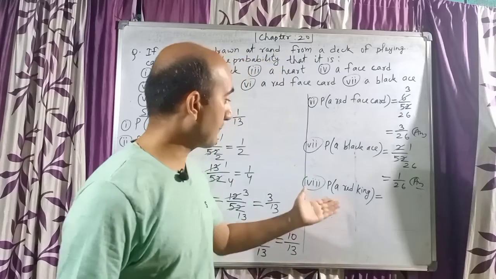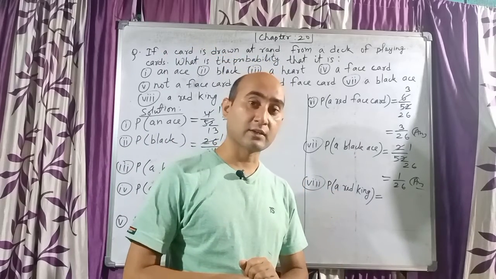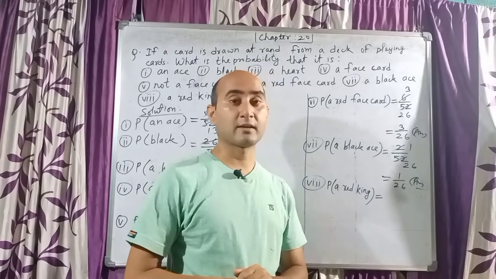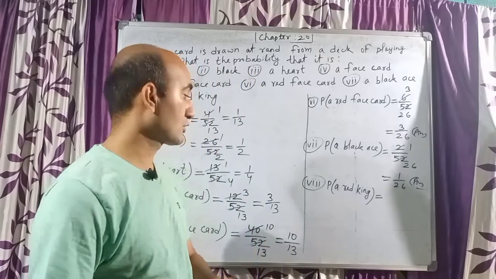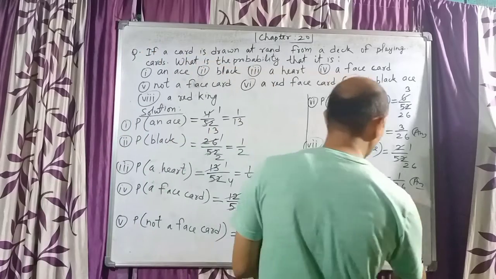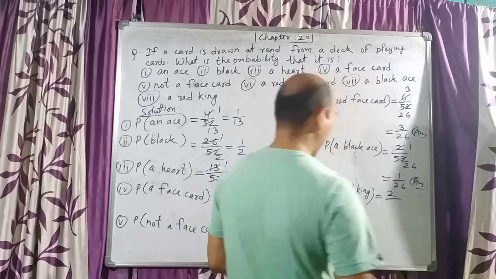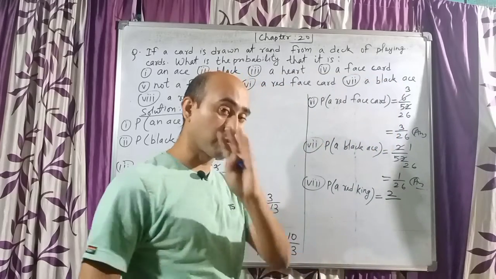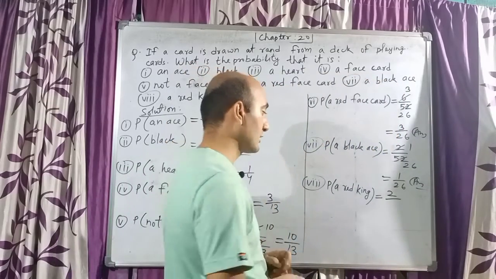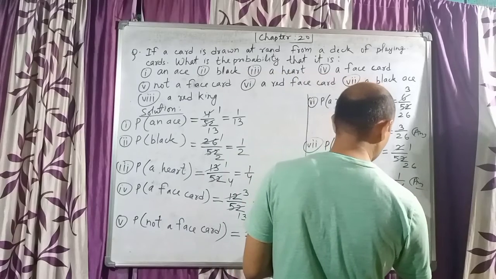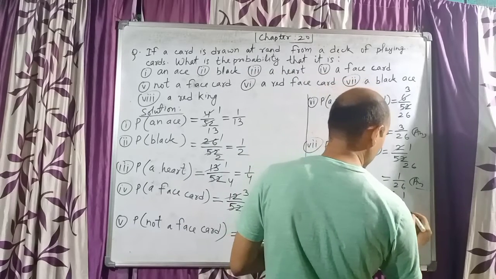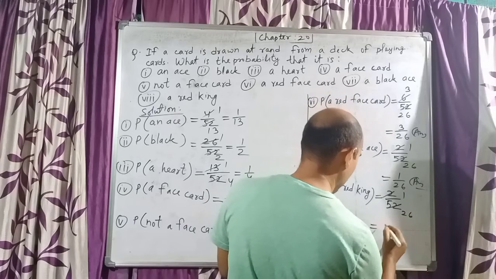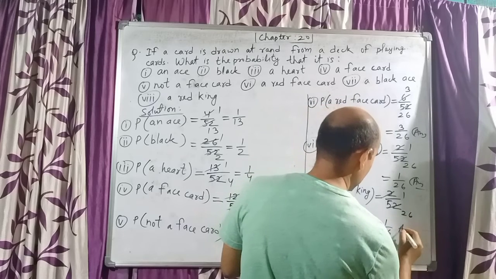But I have to take only red king. So there will be 2 red kings, 1 from heart and 1 from diamond. Had it been only king, then 4 kings, but red only 2. 2 out of 52. If you cancel, it is 1 by 26. So our answer is 1 by 26.